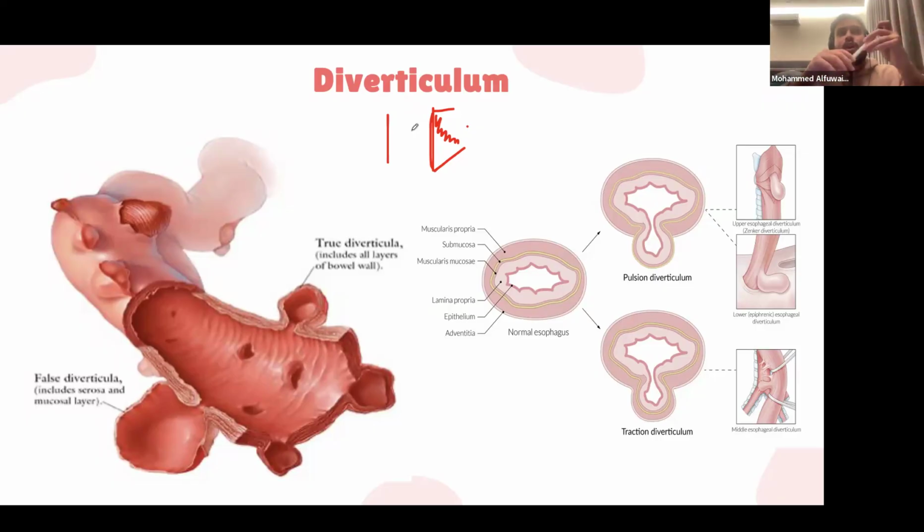Now, its relationship to how it's acquired: you have two types of diverticula depending on etiology. You have congenital and you have acquired. Congenital will typically be true diverticula. Acquired will typically be false diverticula.